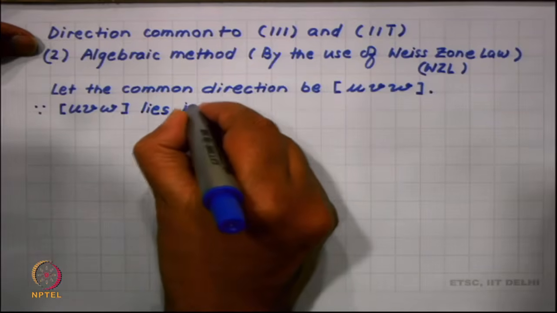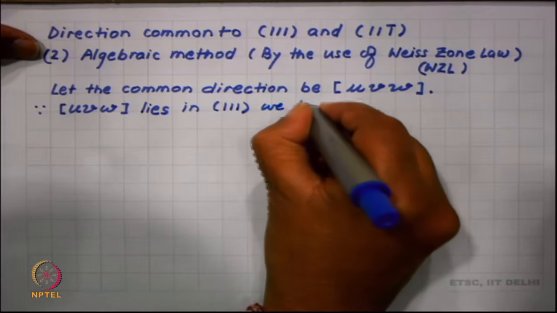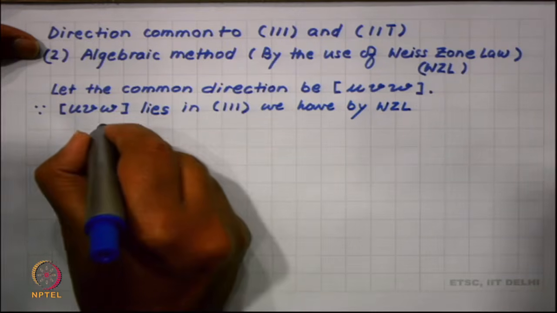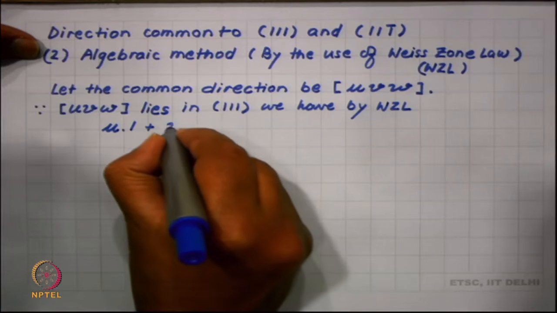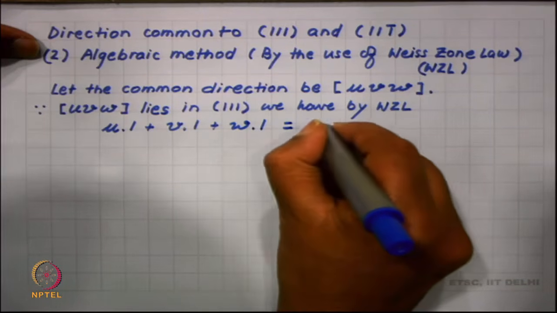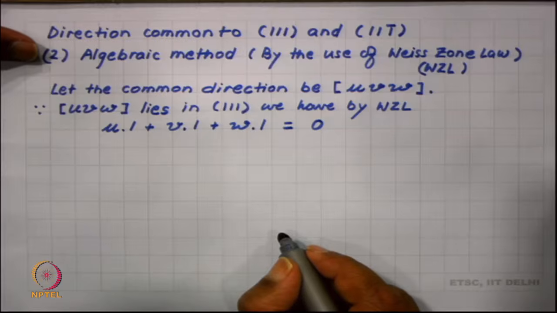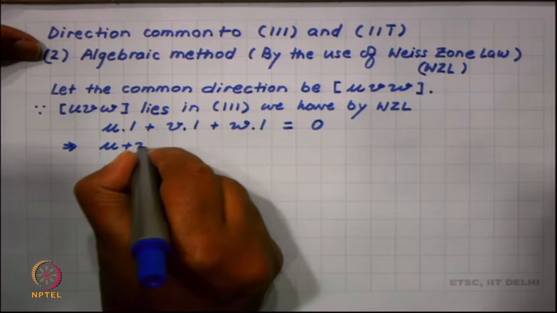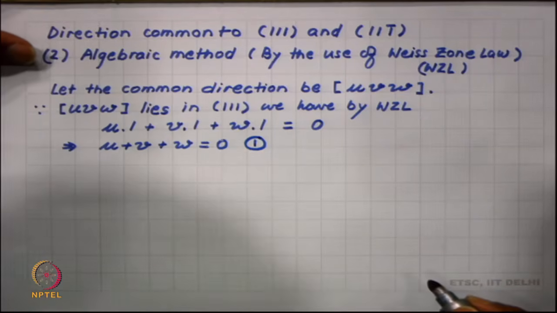So, since UVW lies in 111, by the application of Weiss Zone law, we have U into 1 plus V into 1 plus W into 1 is equal to 0, or U plus V plus W is equal to 0. Let this be the first equation.